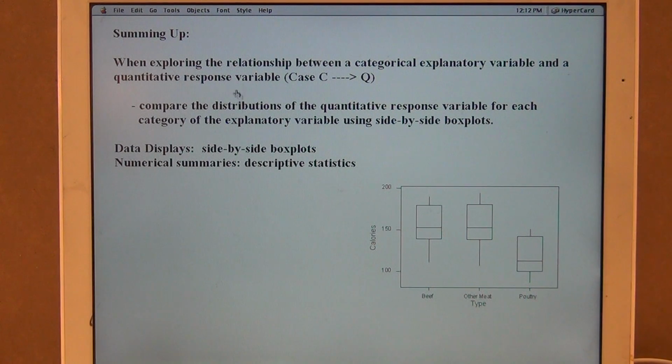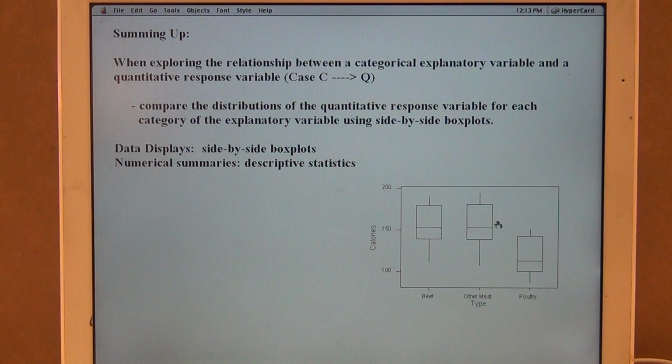So, summing this up, when exploring the relationship between a categorical explanatory variable and a quantitative response variable, or the case of CQ, we compare the distributions of the quantitative response variable for each category of the explanatory variable using side-by-side box plots, like we did in the hot dog example with the beef, the meat, and poultry.